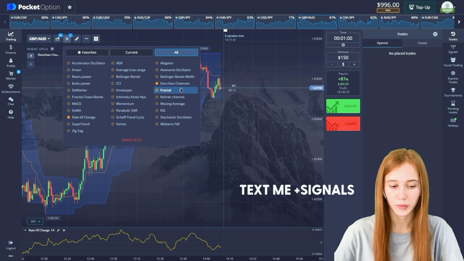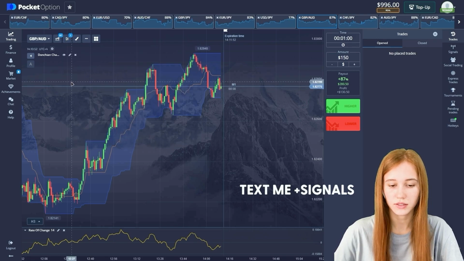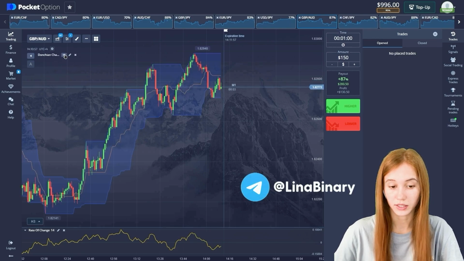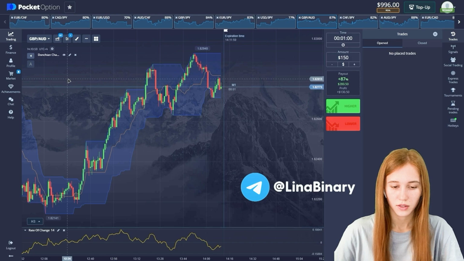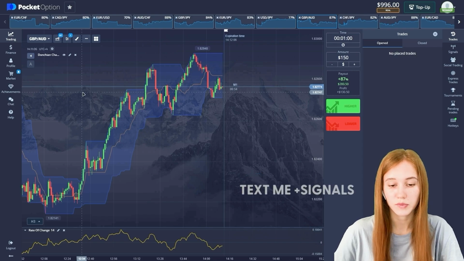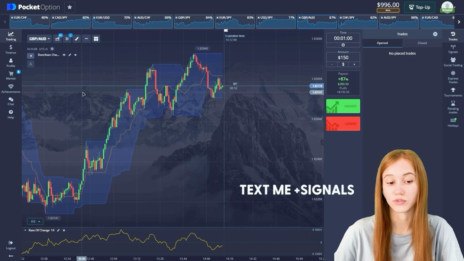So today we use two indicators: Donchian Channels and Rate of Change. Let me tell you a little about them. Let's start with Donchian Channels. In general, this is a simple indicator that lets us observe price movements relative to the usual range.